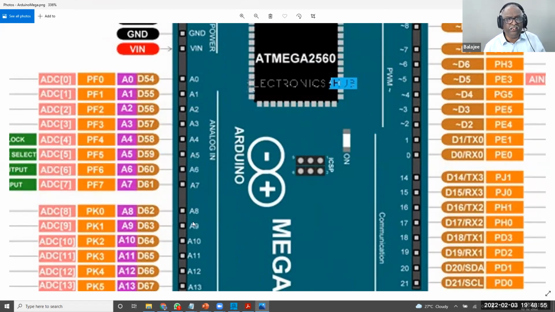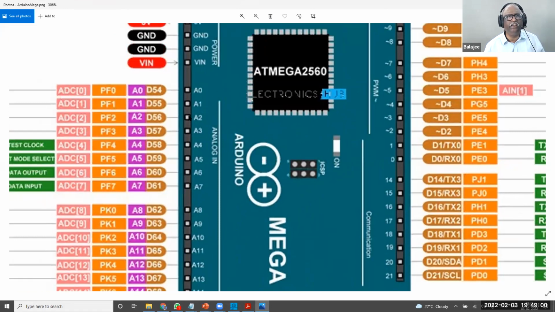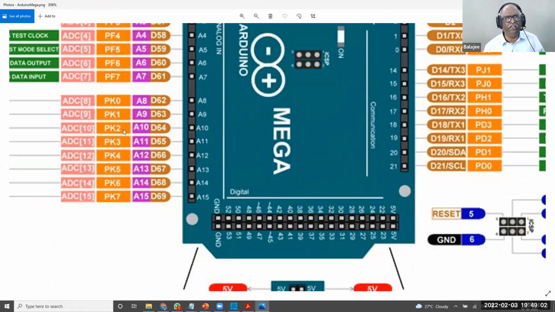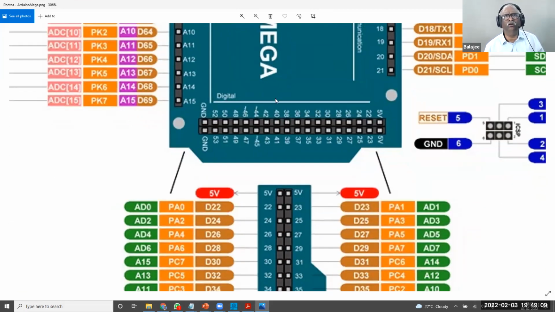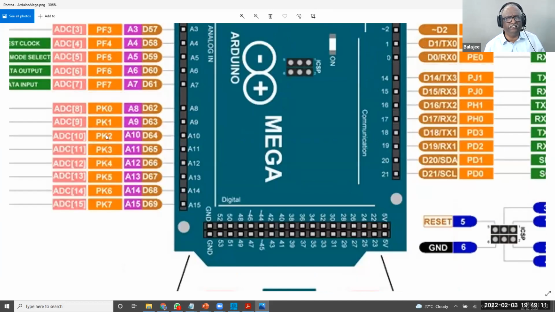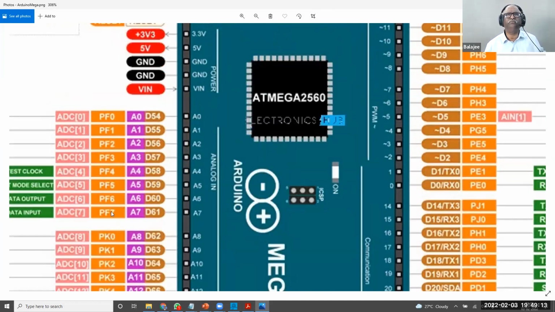So each connector has different ports. Now you see here, A8 to A15 is PK. We showed all of this yesterday. Now you see here, all these pins belong to which port. So we have used PF0 to PF7.